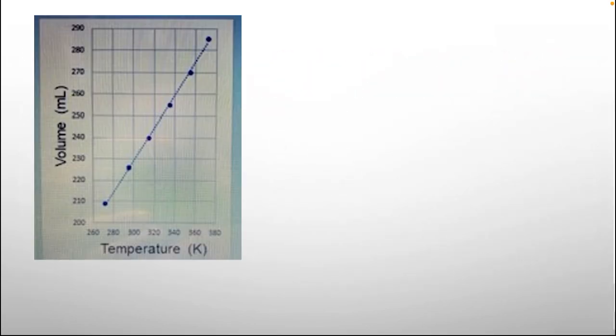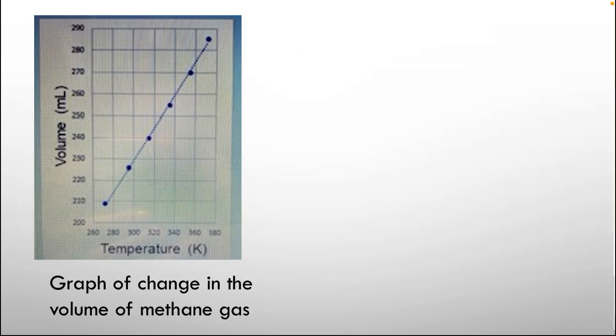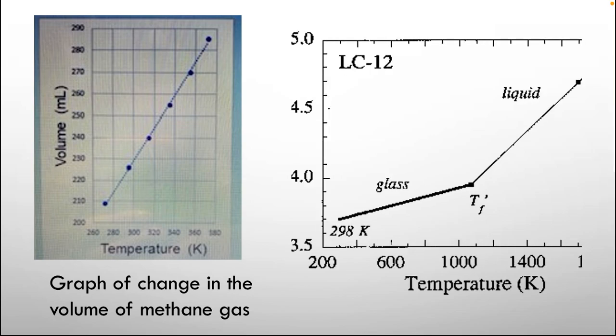Look at this graph of temperature and volume, which is a graph of the change in volume of a gas. If we check the volume and temperature of the gas, it is very upright, slanting very high. However, if we check the solid and liquid, the solid graph is not upright but is almost in a horizontal position.